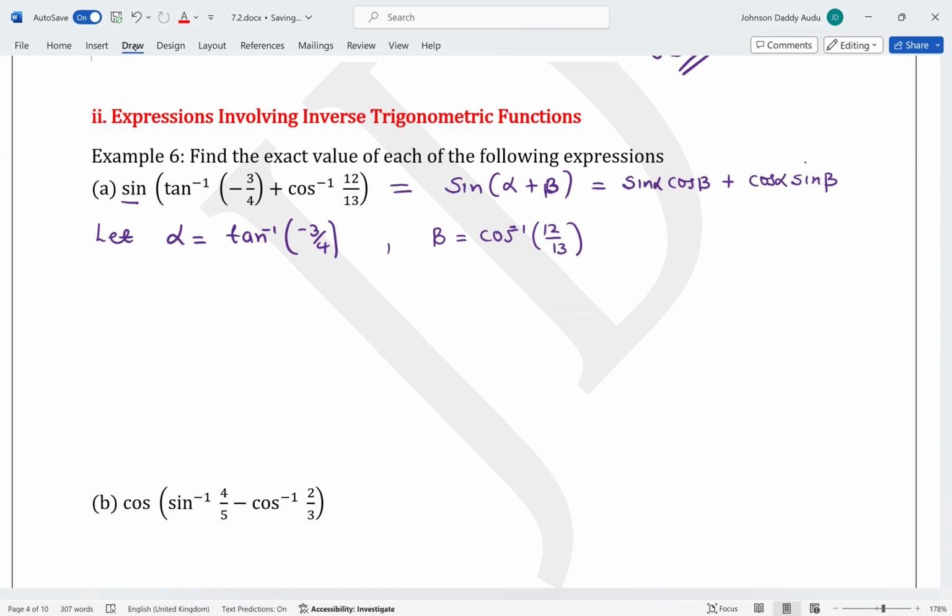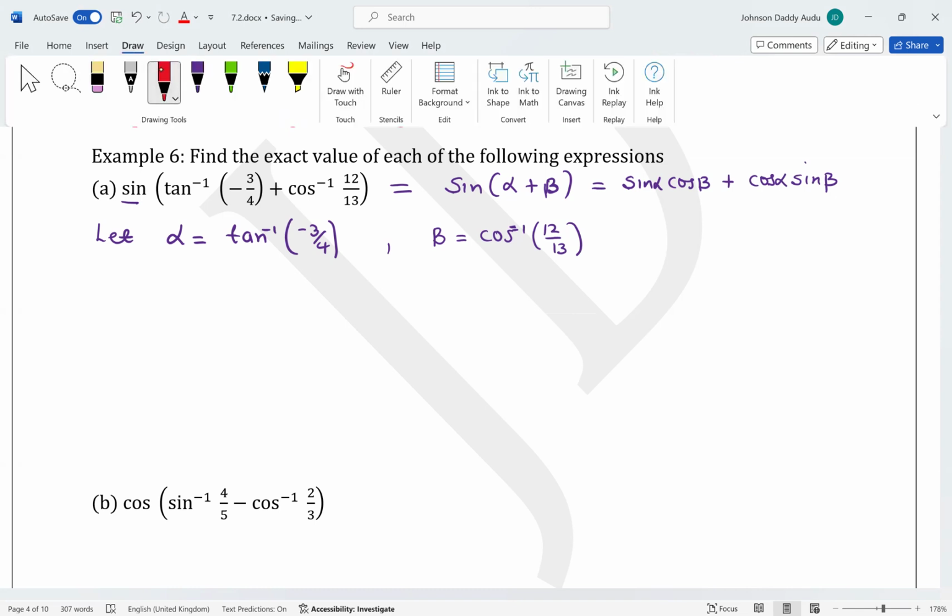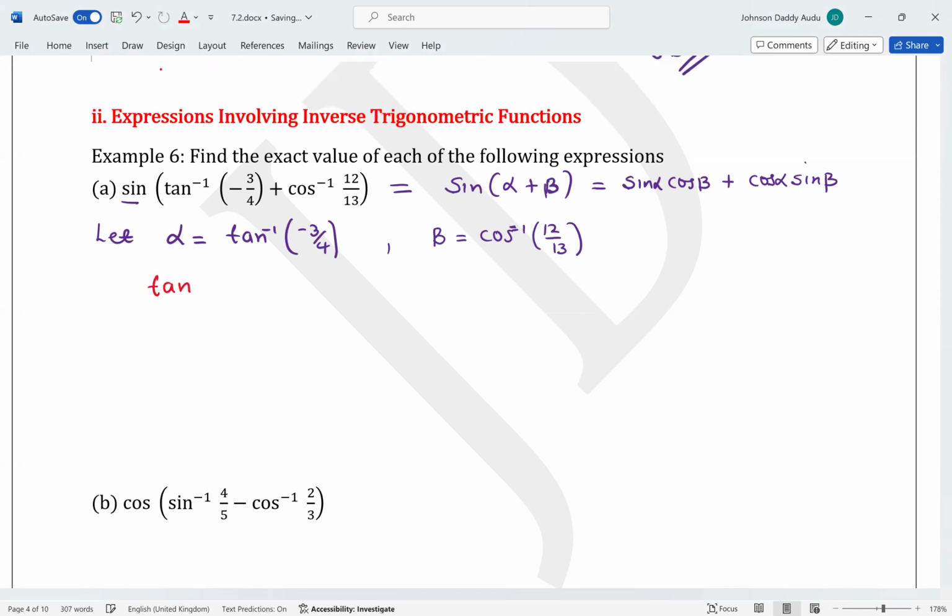So now let's come back here. If you look at the substitution, this means that tan alpha, if I take tan of both sides, will be minus 3 over 4, right? And remember, this is tan inverse. Tan inverse can only be found in the first or in the fourth quadrant because of the range. Now, tan is negative.